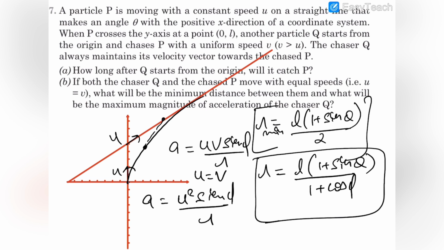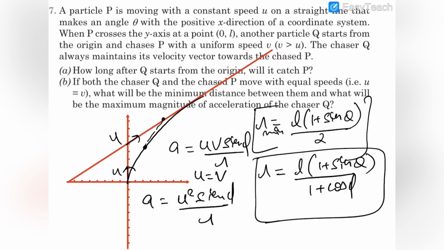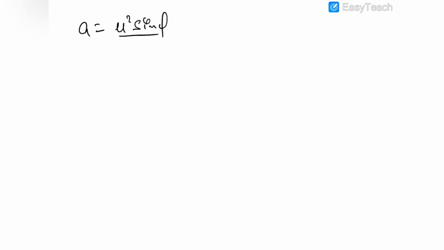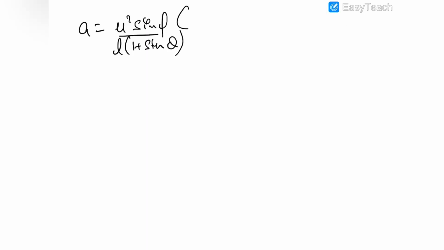Now let us use these two relations. So a is equal to u square sine phi by r, and r is equal to L(1 plus sine theta) divided by (1 plus cos phi).